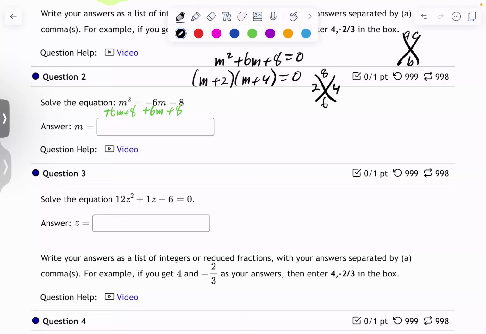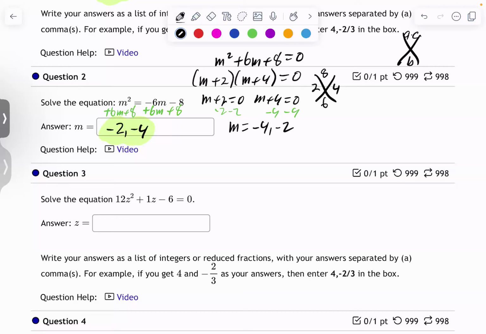And now we have our zero product property again. And here are our two solutions.